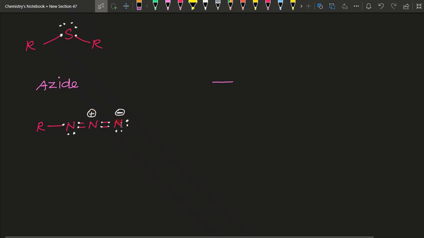Here this nitrogen has only 2 bonds, but 2 lone pairs, so this nitrogen has 1 extra electron, so this is a negative charge.